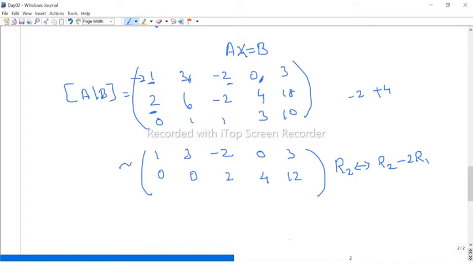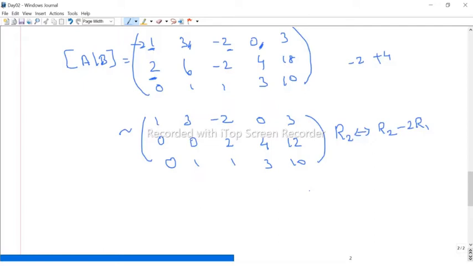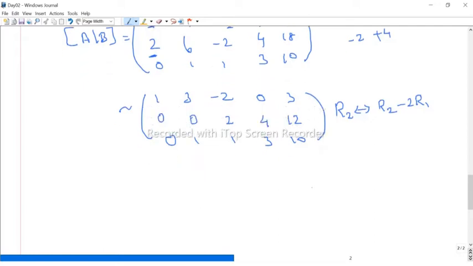Now we keep the third row: 0, 1, 1, 3, 10. Now we have to scan. We have to interchange the third row and the second row, because we have a 1 here. So I keep the first row 1, 3, -2, 0, 3, and I interchange the second row and the third row.